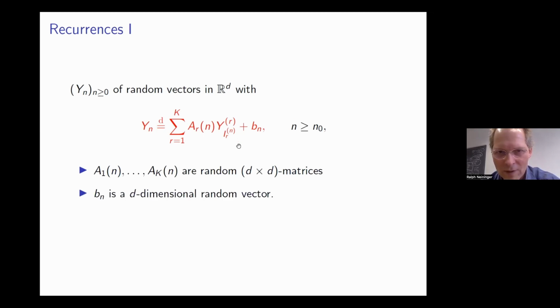And we have the toll term, which is a d-dimensional random vector. And now here we have these indices, which are the sizes of the subproblems into which the original problem of size n is split. And they can be random, it can also be deterministic, they're just smaller than n, or n is also included for some cases, like tries, where sometimes everybody goes to one side and the subproblem has the same size with some probability.